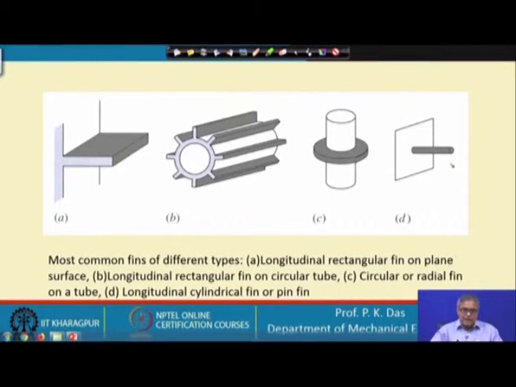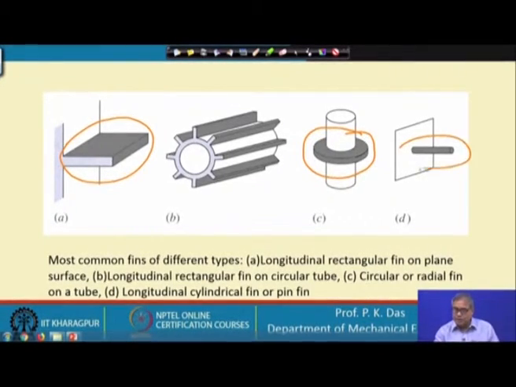Again I draw your attention that in case of planar fin, only one fin has been shown. In case of radial fin, which is also called circular fin or annular fin, only one fin has been shown.